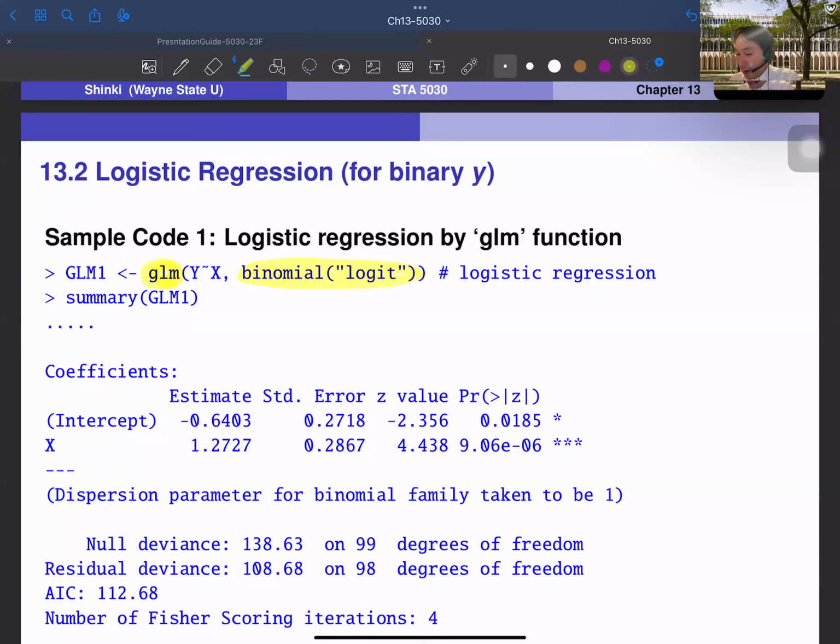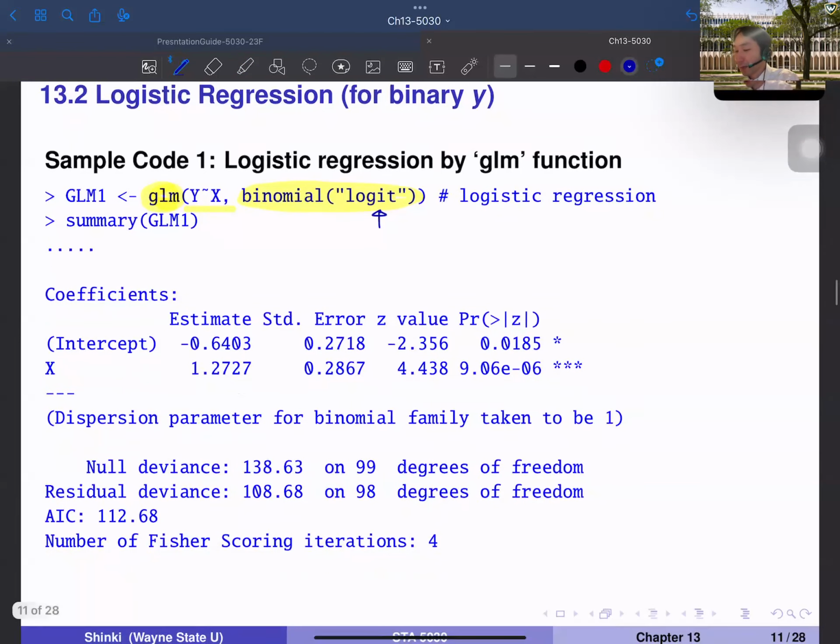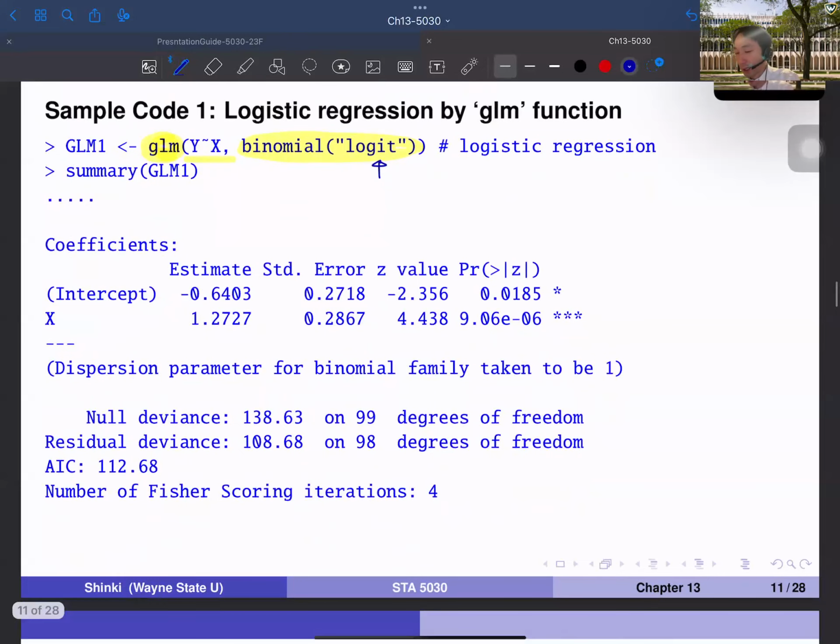The format of the regression is the same, just Y tilde X, but you have to use the GLM function with the binomial logit. You have several different options for the link function, such as probit and complementary log-log. But in this class we only use the logit function.